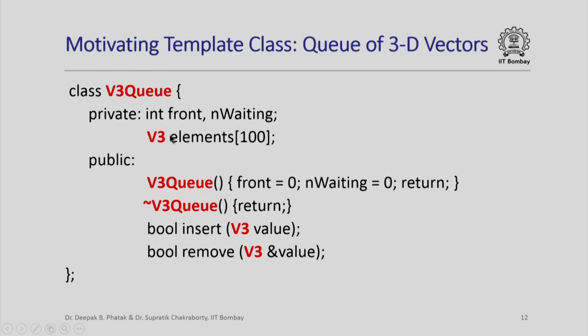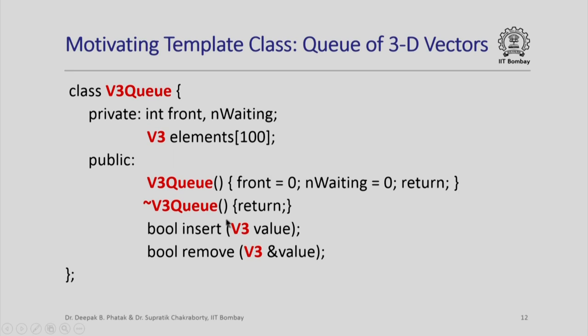The elements array is going to be an array of v3 objects rather than integers. The constructor and destructor function names will be different because the name of the class is different, and the insert and remove member functions will take arguments which are of class v3 rather than integers.